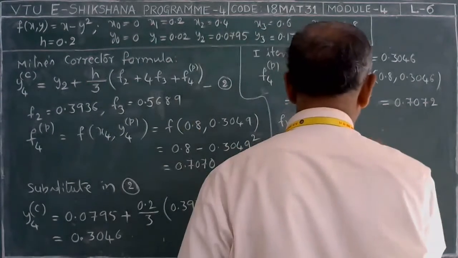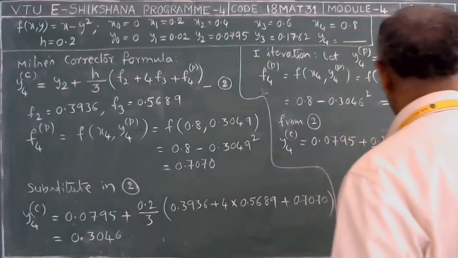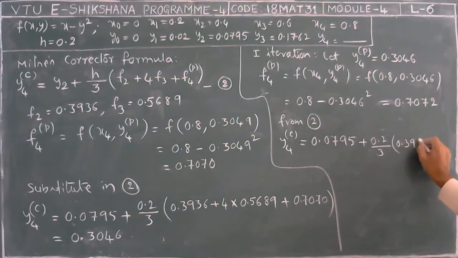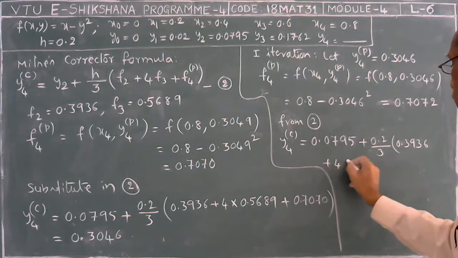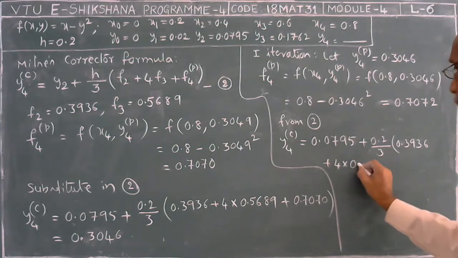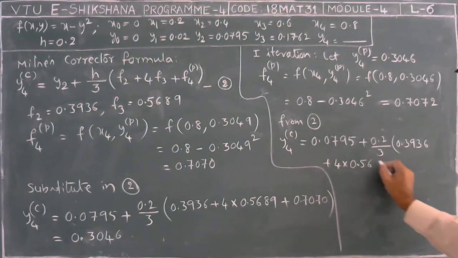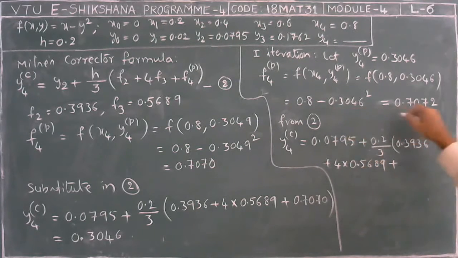0.0795 plus 0.2 divided by 3, into 0.3936 plus 4 into 0.5689 plus F4P, this value 0.7072.